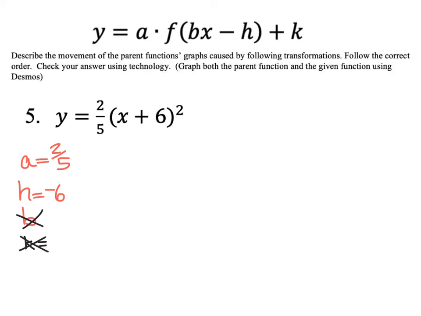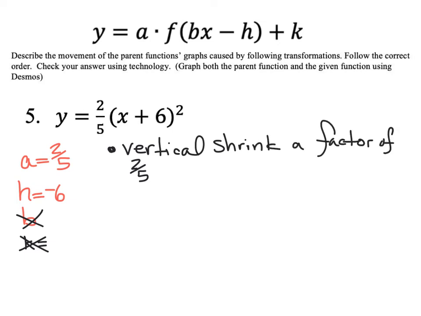So A being 2/5, this affects my y value. So this is a vertical. Now think, it's smaller than 1. This works how you think it should. It's a vertical shrink or compression by a factor of 2/5. And then I have an h value of -6, or you could look at the original and go it was added on, so it moves opposite.